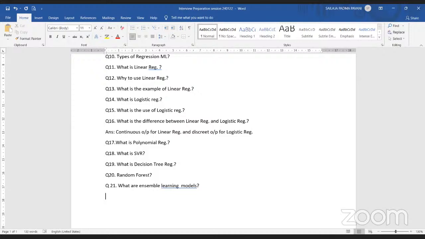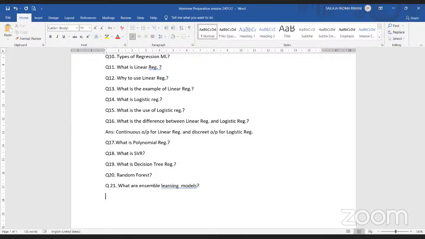Bagging, boosting, stacking. Yes, very good, Banu. So ensemble learning techniques means here you have bagging, boosting, and stacking, right? So here, what do you mean by ensemble learning?